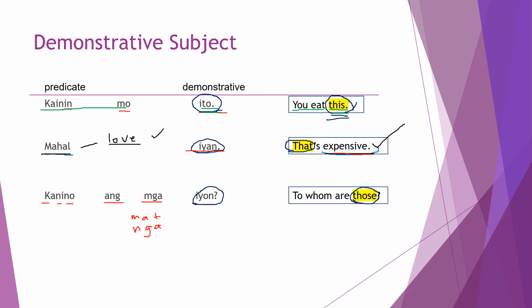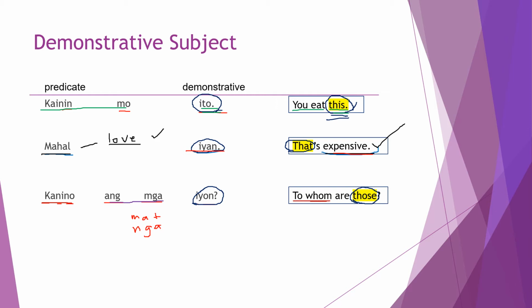So, the meaning of kanino in English is to whom or who. Kanino, to whom. And ang mga signifies plurality.